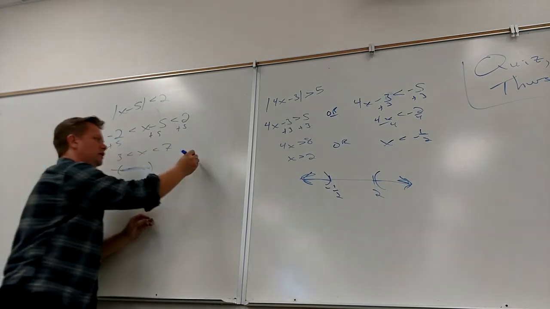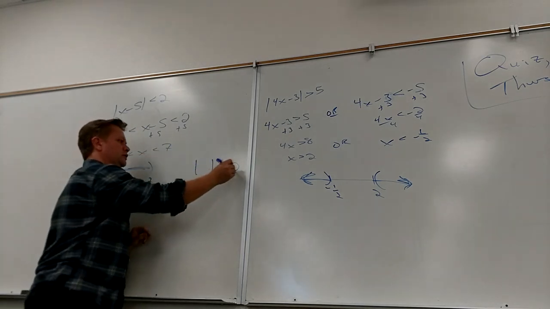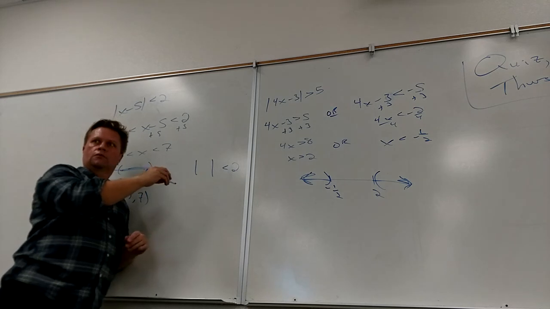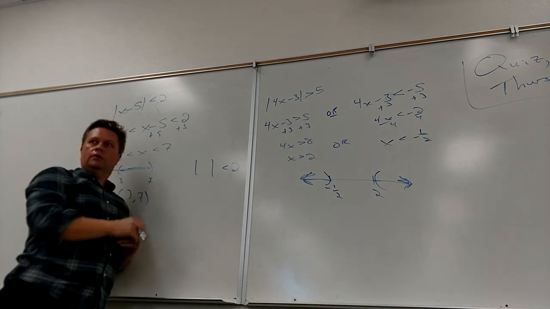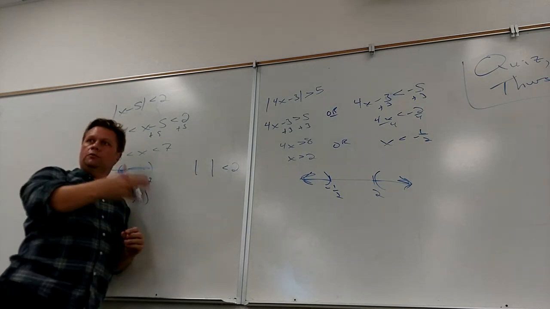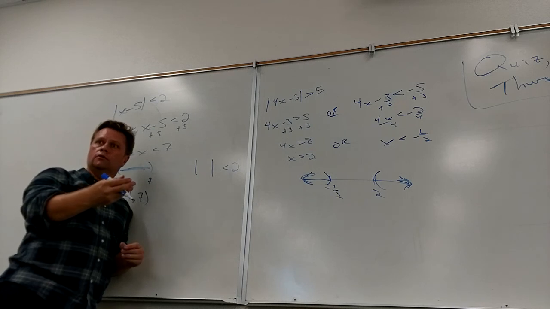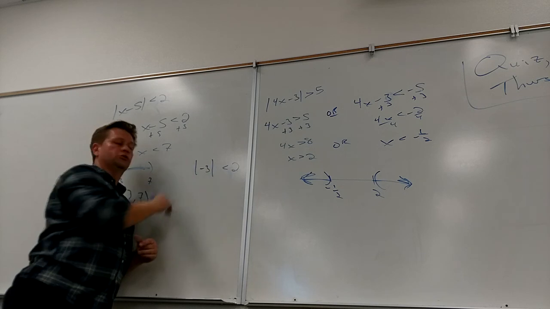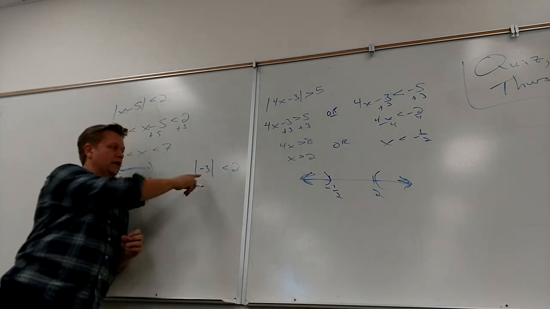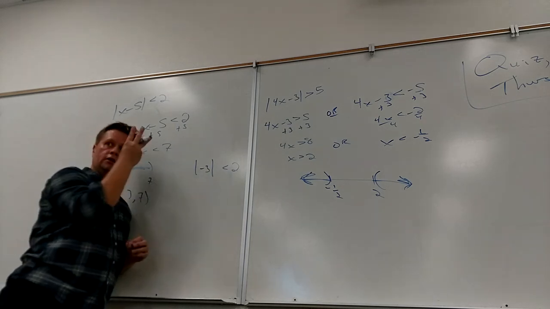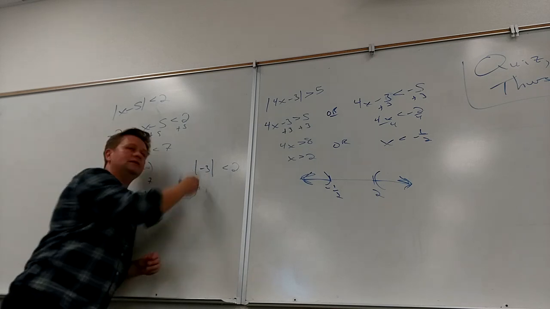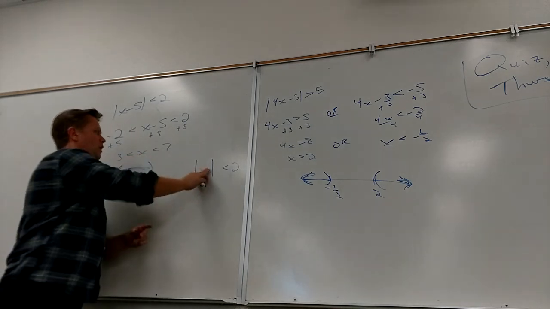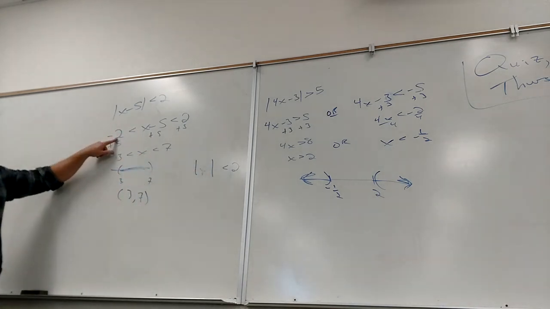So what can I put in here so that the result is less than 2? I can't put negative 3 in there, because the result would be 3. If I put a negative 3 in there, is that true? Because what's the absolute value of negative 3? 3. So I really want you to see, why is this not allowed to go below this?